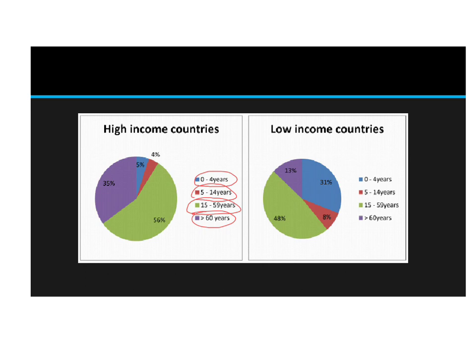So take a look at the difference between this. In high income countries, 56% of the population dies between 15 and 59 years. And there's various reasons for that. So you'd say that the majority of people are dying between 15 and 59. So take a look at infant and child mortality, which is this blue section right here. It's at 5%, right? And infants and children die for a variety of reasons.